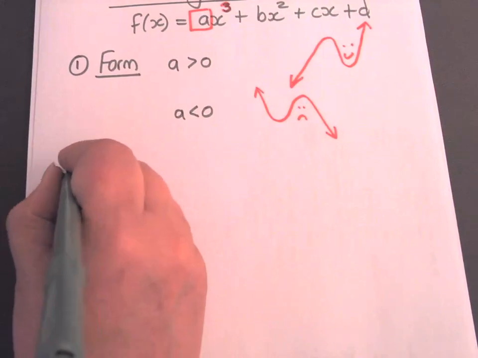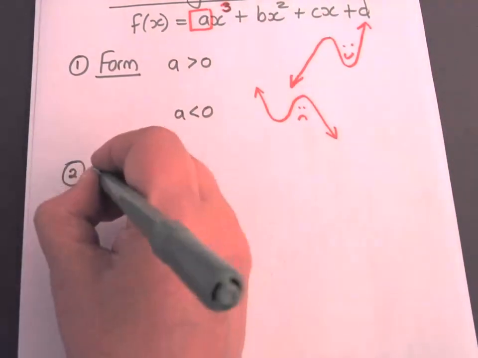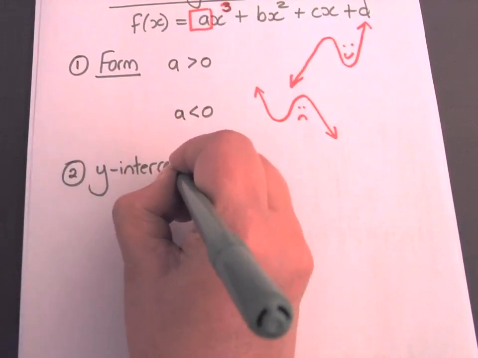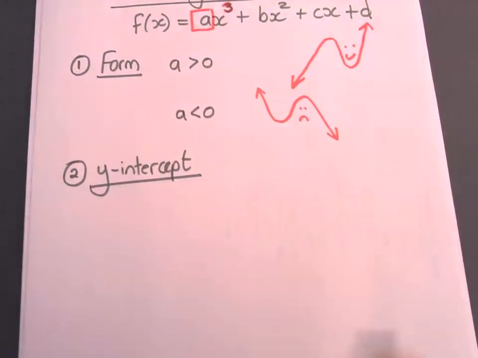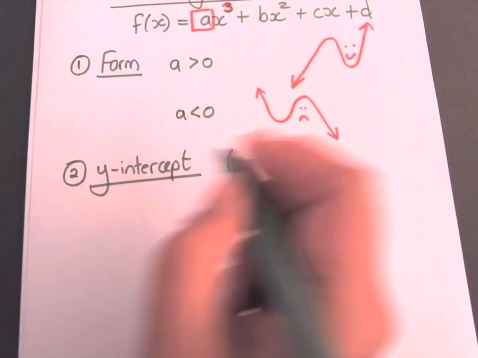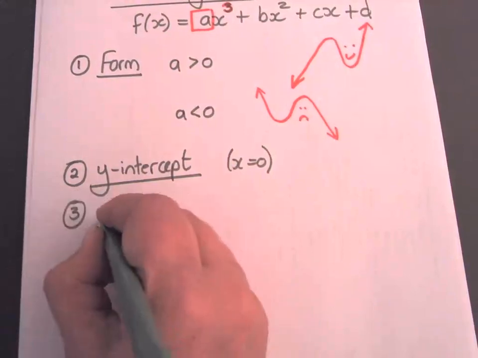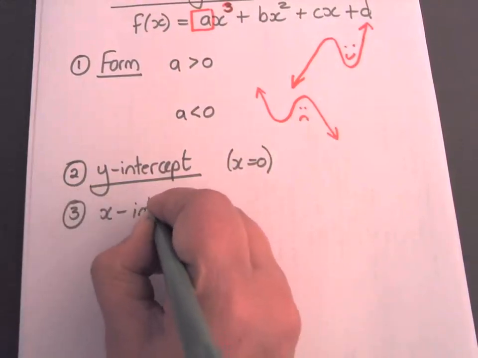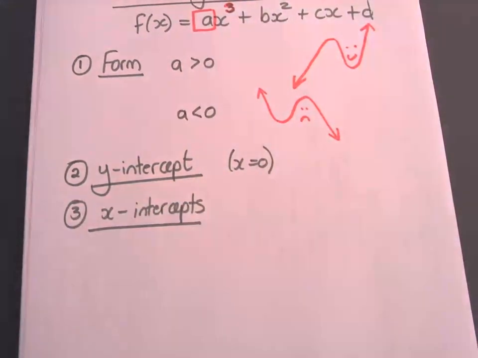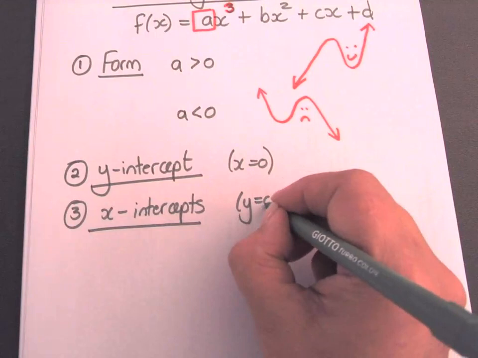The second thing that you need to know is to get the y-intercept. How do you always get the y-intercept? Make x 0. The third step is you get your x-intercepts. How do we always get the x-intercepts? Make y 0.